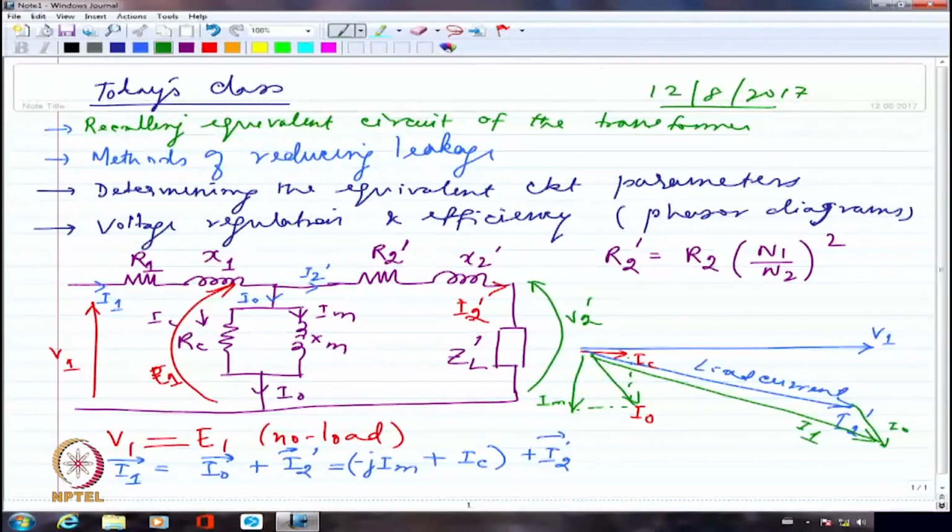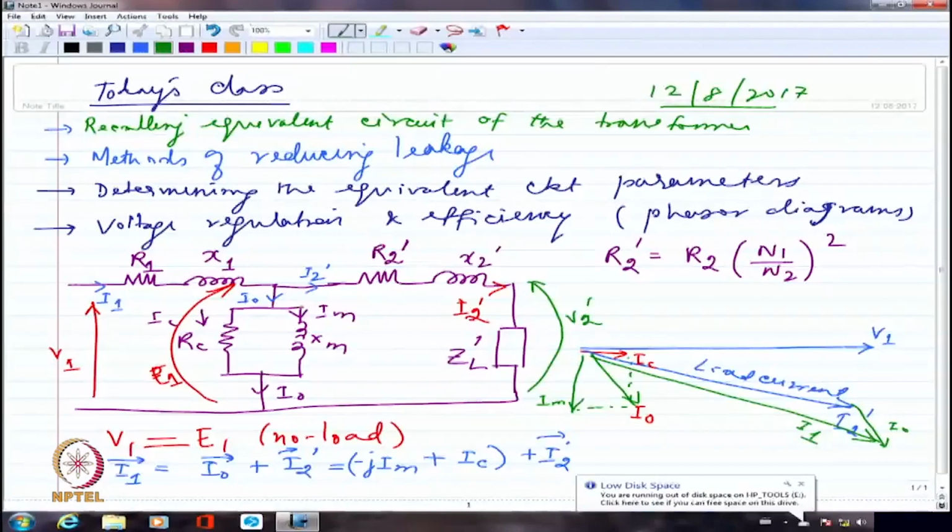But if I am taking the turns ratio into account, E1 and E2 dash are one and the same because they follow the turns ratio. Now E2 dash will be passed on to the load after getting dropped in R2 and X2 dash. So I should say E2 dash minus I2 times (R2 dash plus jX2 dash).